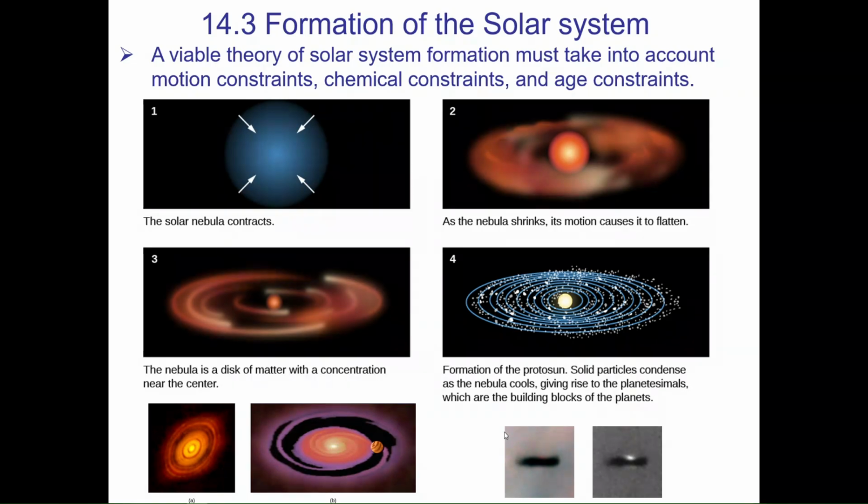Let's talk about these constraints individually. First of all, the motion constraint. We know that all the planets are revolving around the sun in the same direction, counterclockwise. Also, all the planets orbit around the sun within a disk.